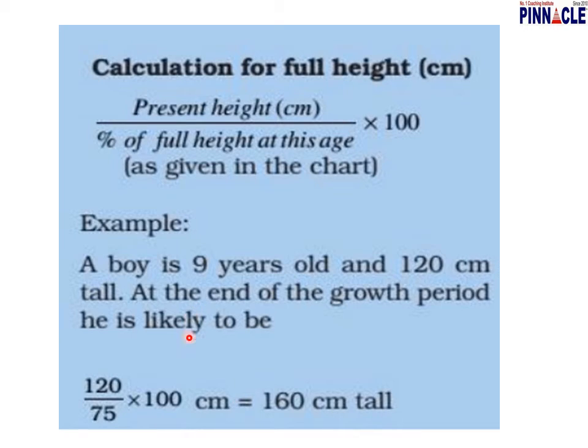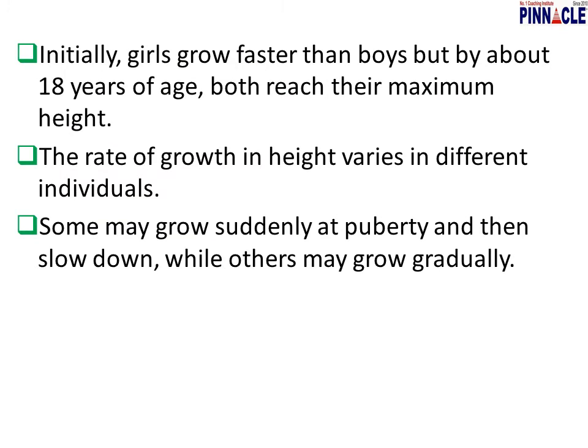There is a chart, and in this chart it is given that at age 9 the boy has achieved 75% of his full height. If he is 120, then we can calculate the total. He is likely to be 160 centimeters tall at the end of the growth period. This is the way one can estimate the possible height of a person.